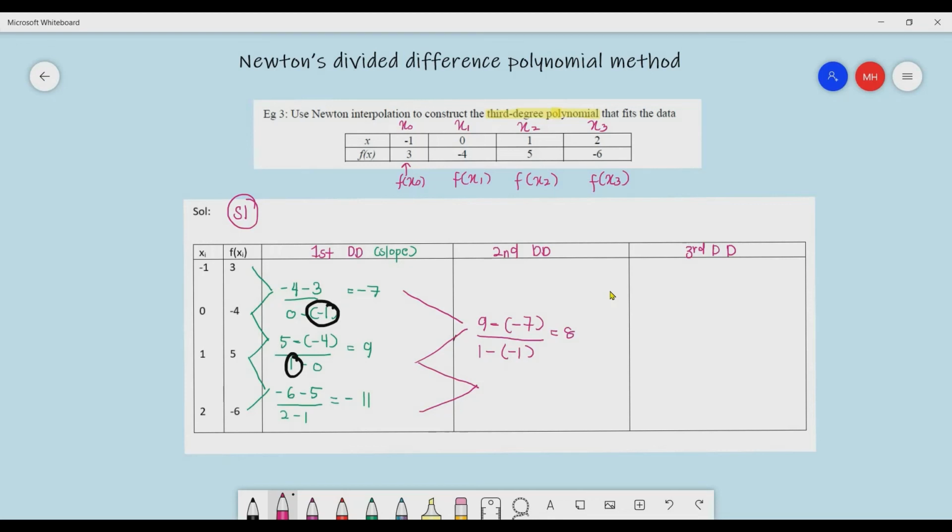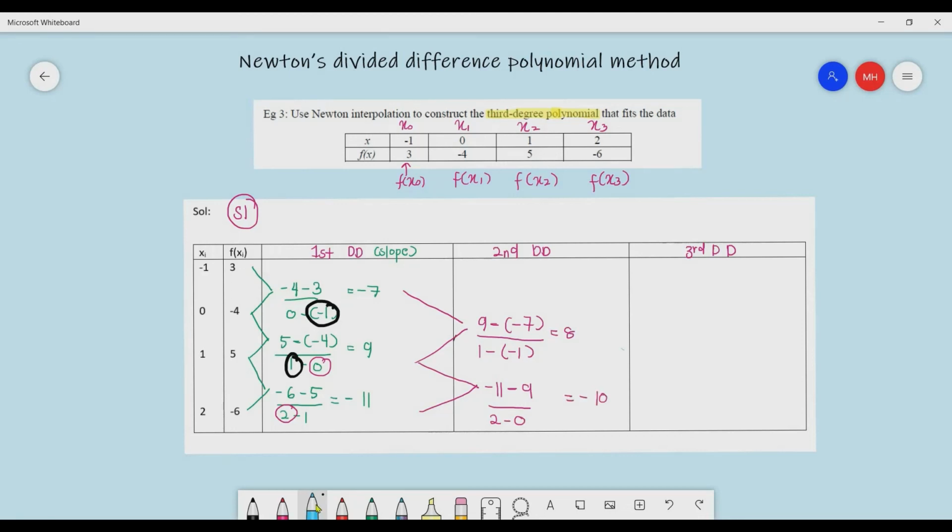Always lower minus upper, which is negative 11 minus 9, over, what is the value of x? The last value of x, this one, 2, and the initial value of x, which is 0. Or you can take a look here, 2 minus 0, which is equal to negative 10.